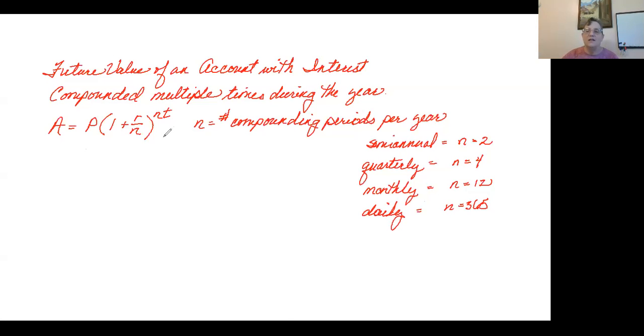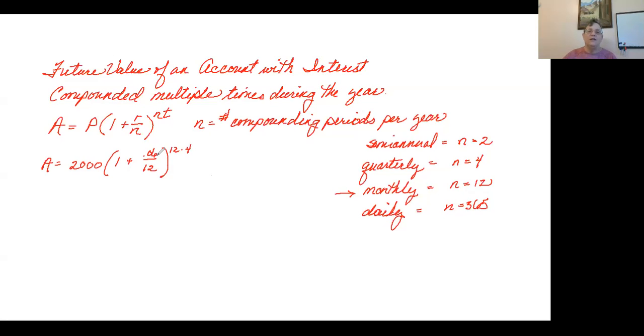Let's go with the same numbers and see what would happen if, let's say, it was compounded monthly. We would have A equals 2,000 times 1 plus 0.06 divided by 12 raised to the 12 times 4 exponent.